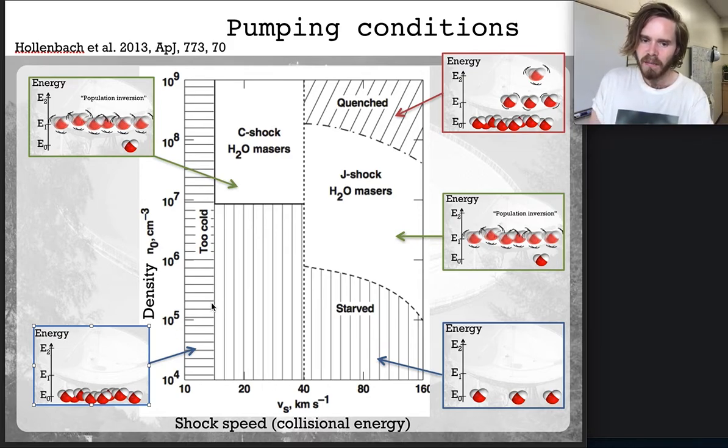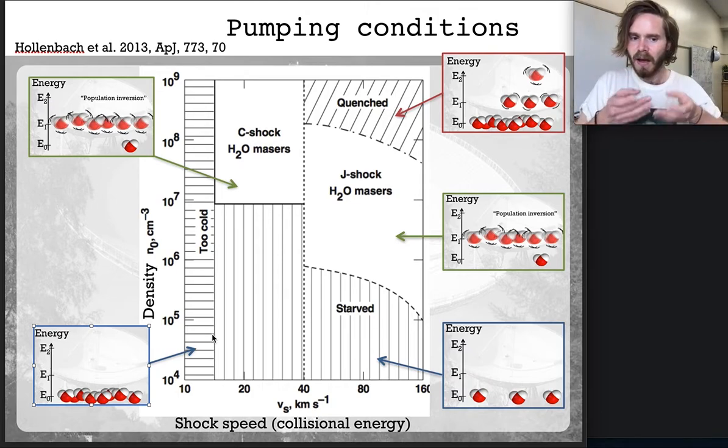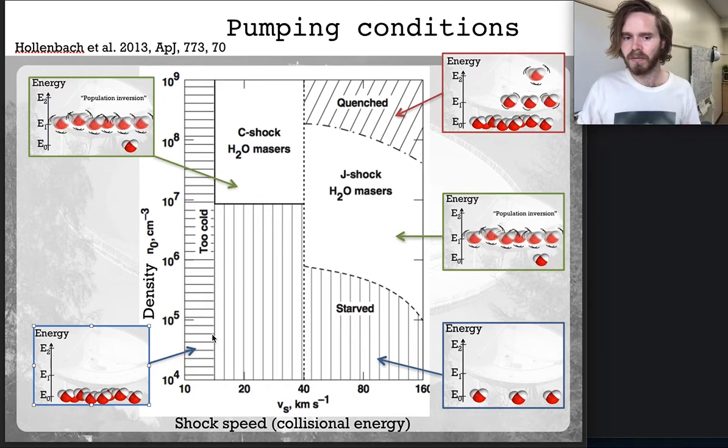When the shock speed is too slow, there's just simply not enough collisional energy to pump the masers up to the higher energy levels, for them to then cascade down and produce the population inversion. So yeah, the collision speed is too slow. That's unfortunate. No masers for you.